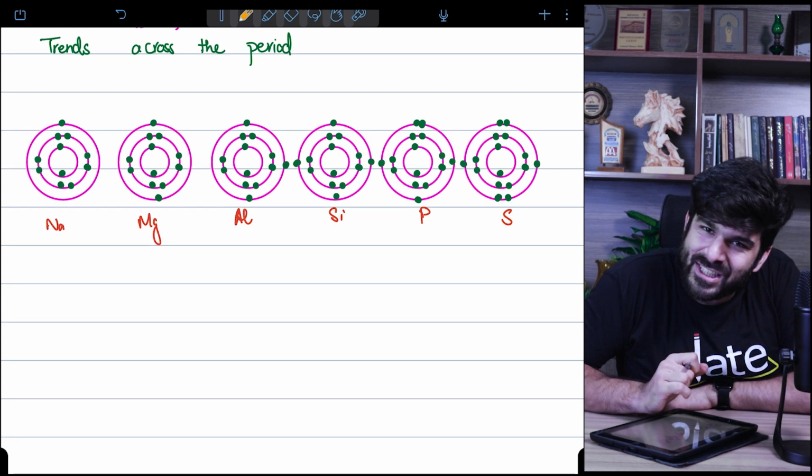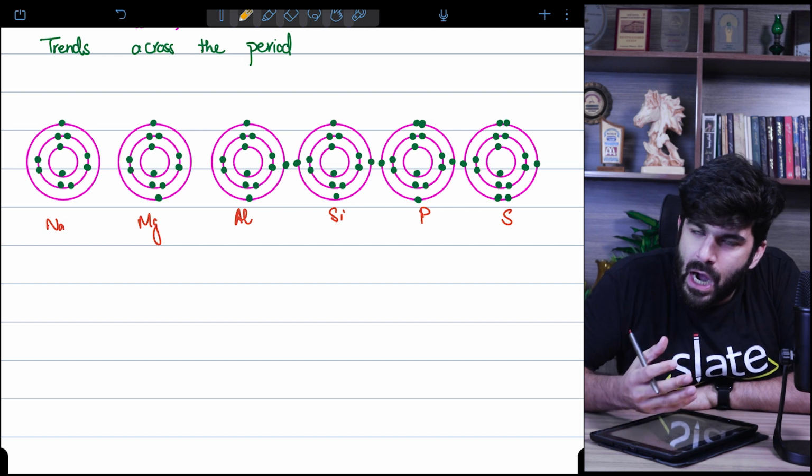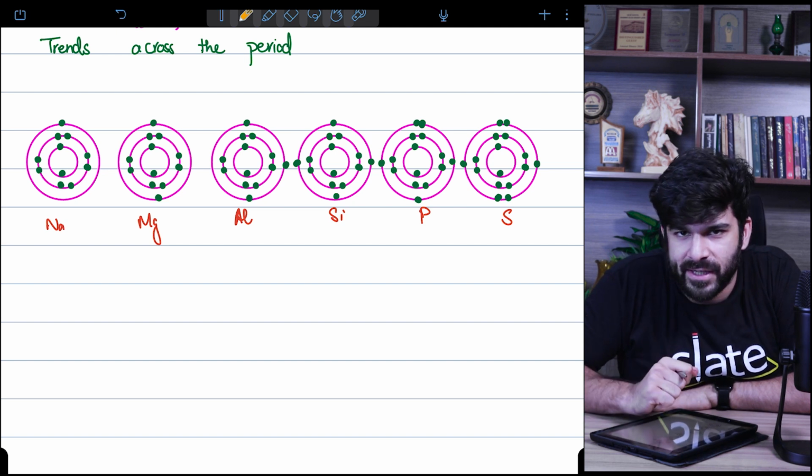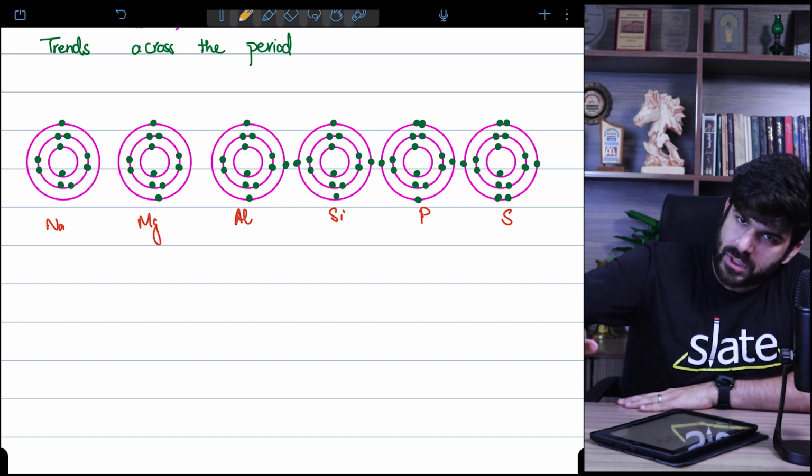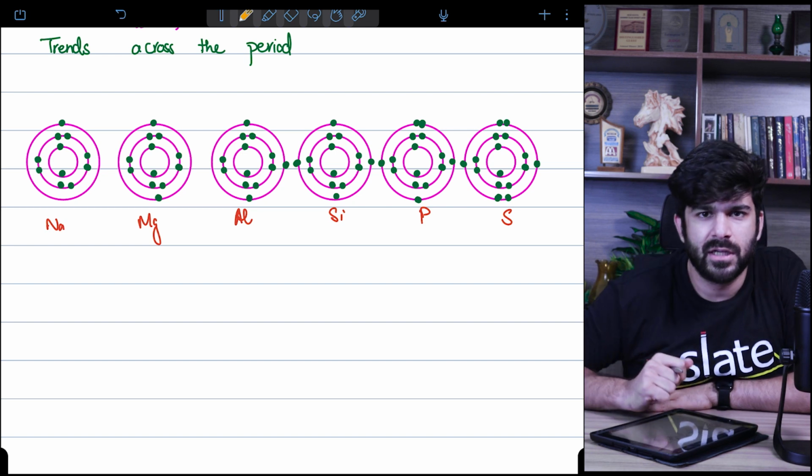We need to understand the trends here. How does a period affect it? Across the period from sodium to sulfur, let's study it.